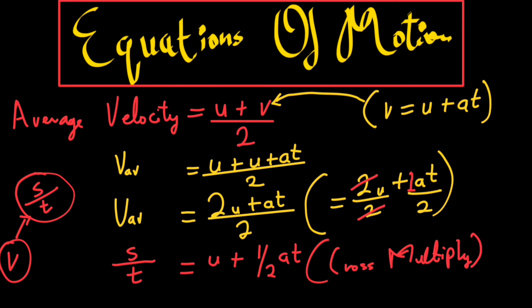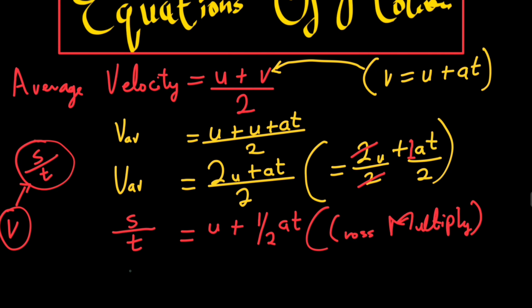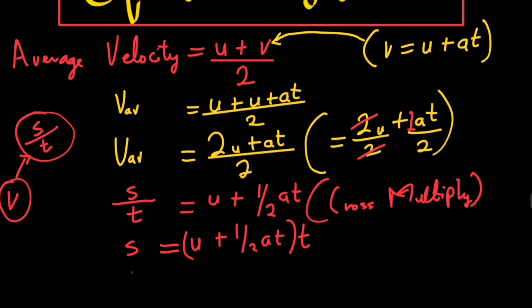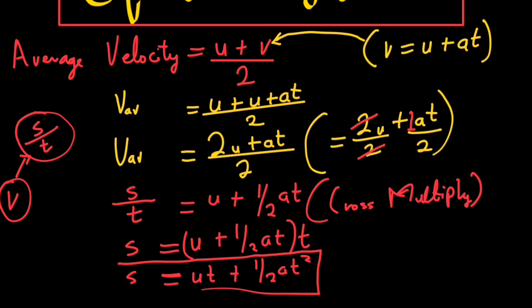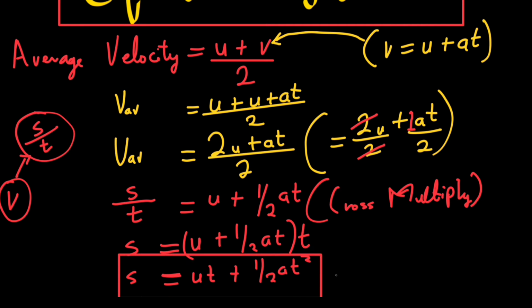Once you cross multiply, you will have s equals u plus half at, into t. You expand this, and you will have ut plus half at squared.